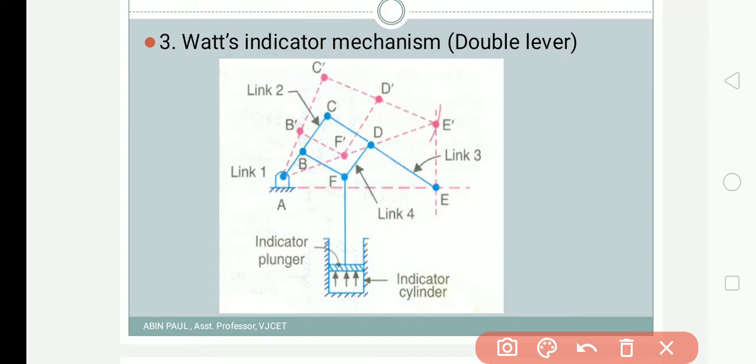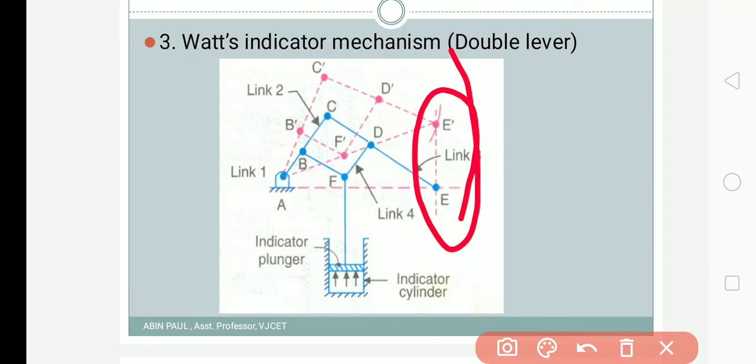Here, you can see this is the initial position of link 3, that is DE, and the final position of link 3 is shown by D dash E dash. That is, when the pressure acts on the plunger, the link DE will oscillate along the path E dash.